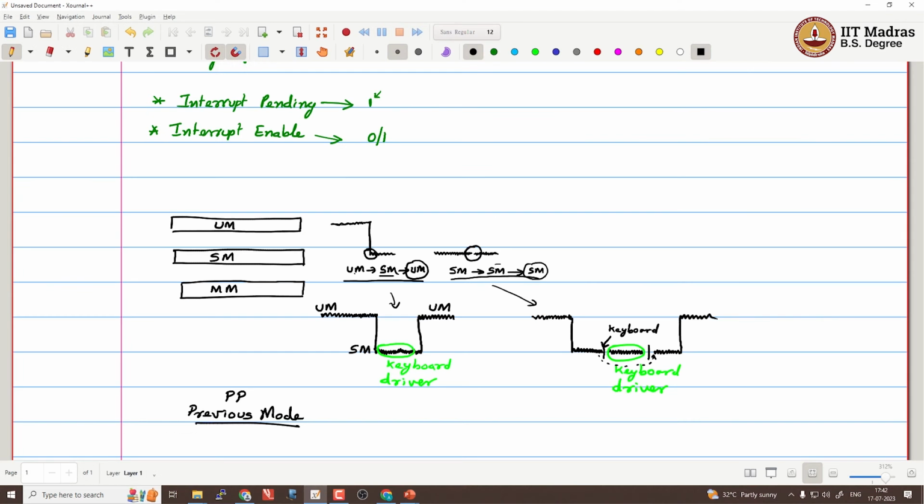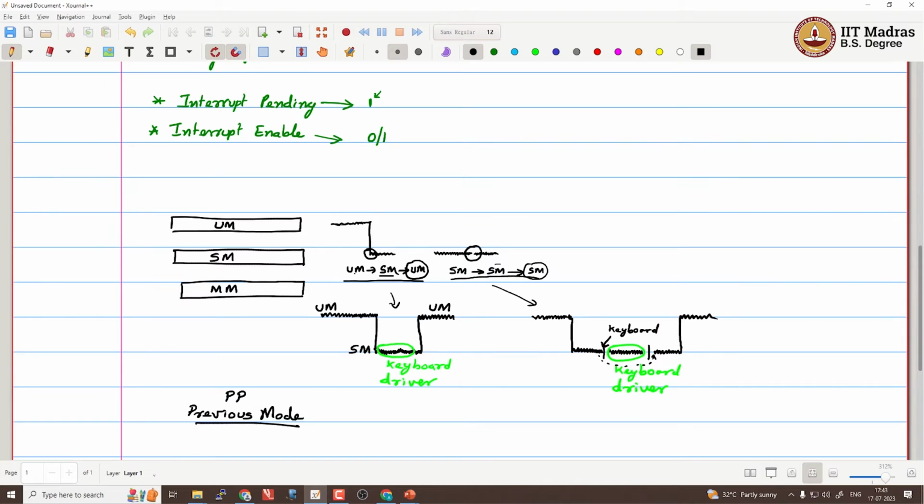So, if the previous mode was the user mode, the SPP bit would be set appropriately, so that when the keyboard driver completes, the CPU knows that the previous mode was user mode and therefore transitions to the user mode, right. Similarly, in this case, the previous mode was essentially the supervisor mode. Therefore, after the keyboard driver completes, it would continue to execute in the supervisor mode.